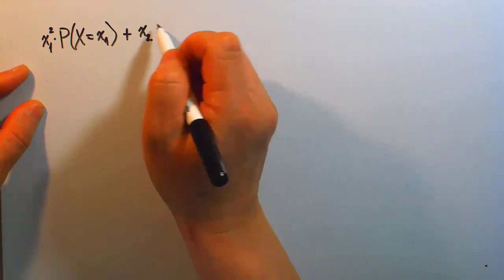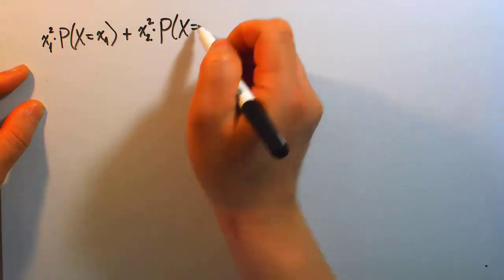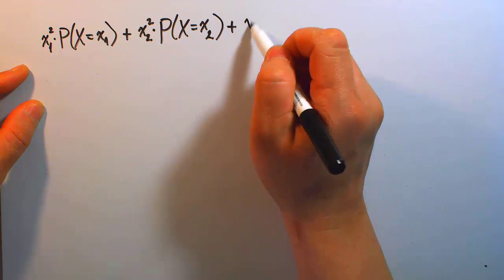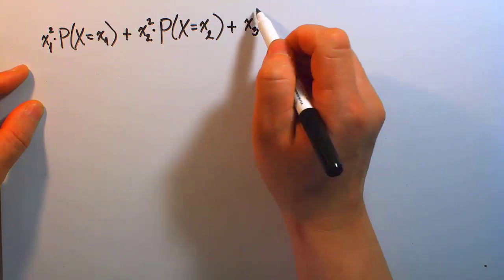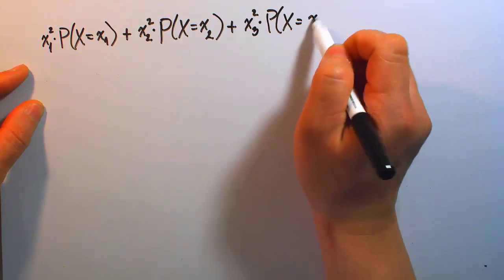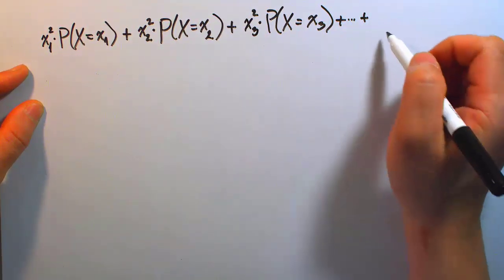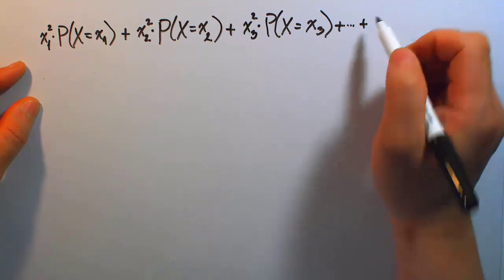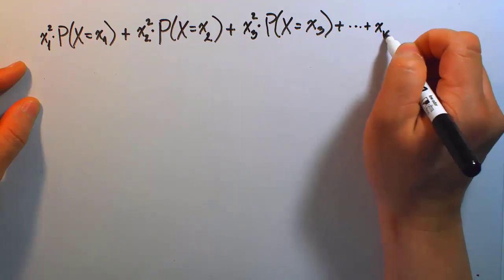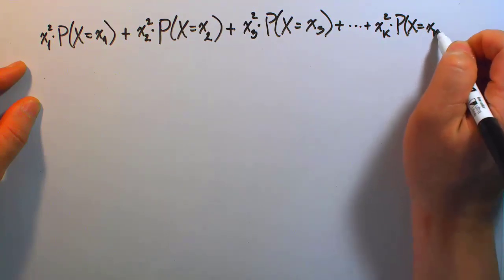Repeat: x2 squared times the probability when capital X equals x2 plus, then we move on to the third distinctive data value x3, square the value, multiply with the probability correspondingly for x3, and then we keep doing that until we reach the last one in our data, being xk squared multiplied with the probability when random variable X equals xk.